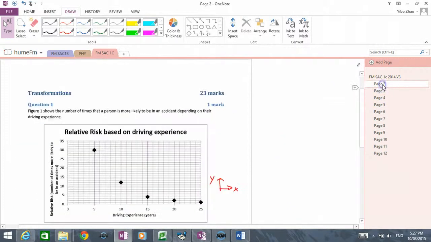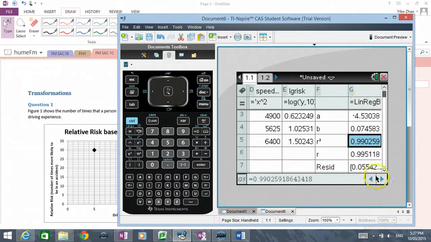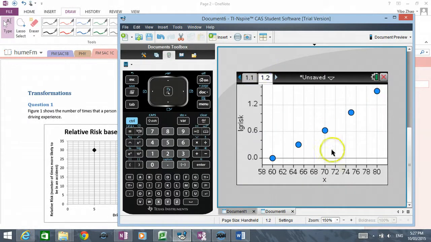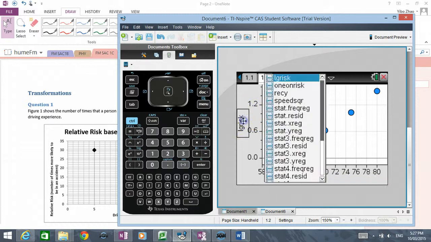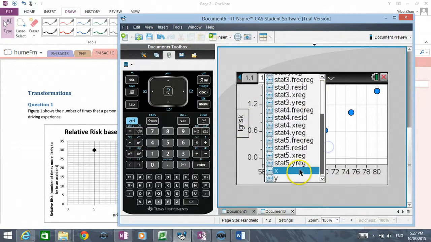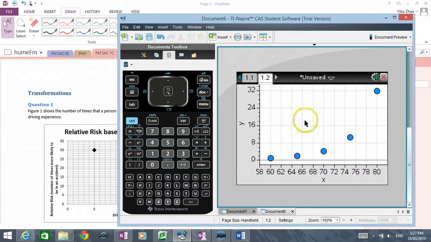Now we go back to our original data from the calculator. We go to the scatter plot. That's x, that's y. Let's look at the original data. It looks like this.